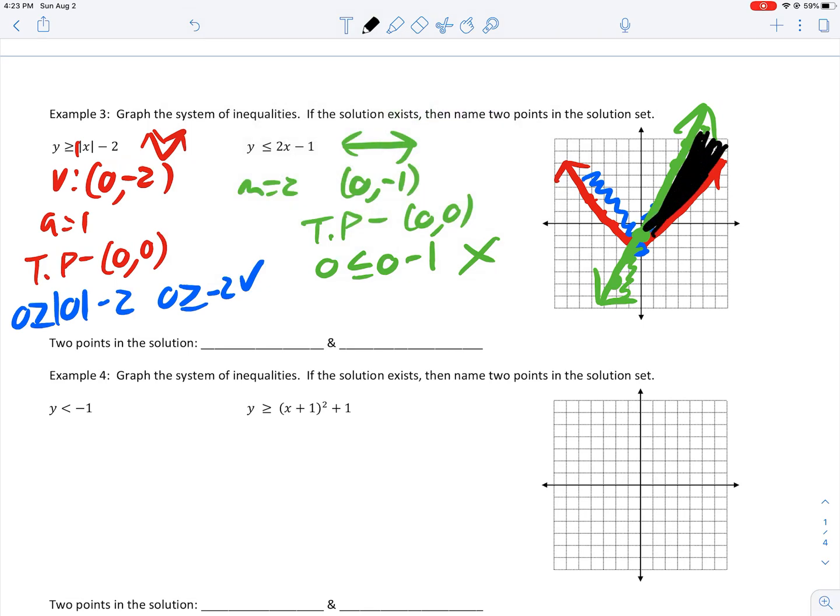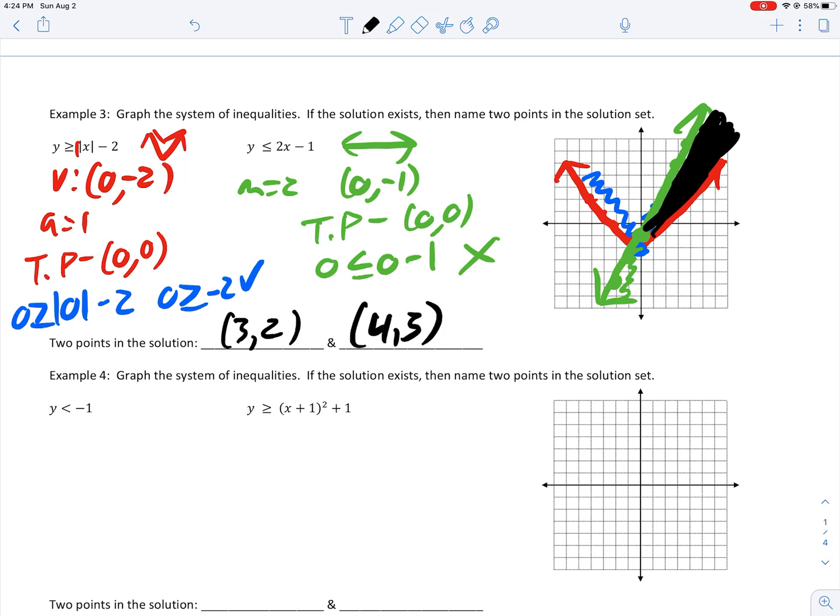So your overlapping shaded region is right there. So pick 2 points. I don't know, 1, 2, 3, and 2, and 1, 2, 3, 4.